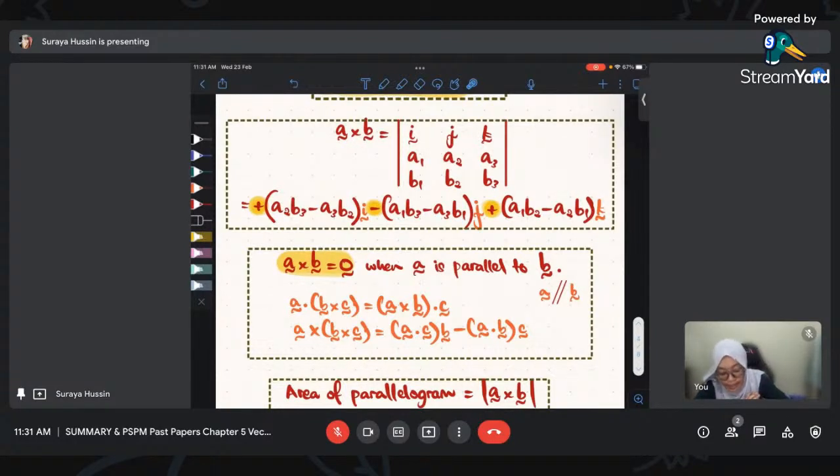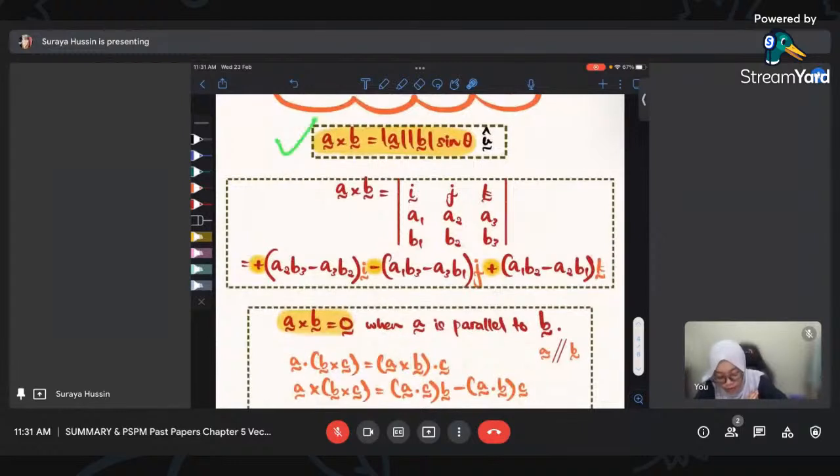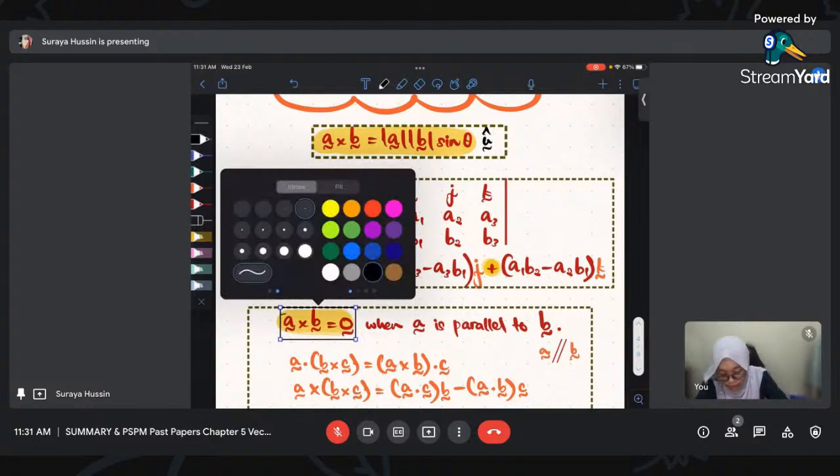So now the second important thing selain formula, it's about this one. A cross B is equal to 0. Miss, kenapa equal to 0? I want you to tell me. You guys, why is it equals to 0 vector? You tell me now. You tell me, everybody.